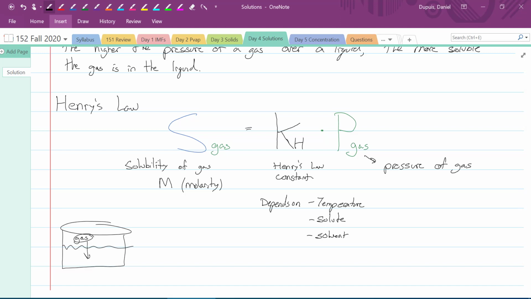They're starting to put nitrogen into drinks now. Whatever we're doing, the more above the liquid, the more goes in the liquid. So that is Henry's law. It's that simple. It's a very simple formula.